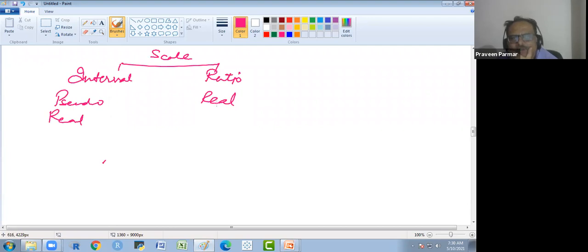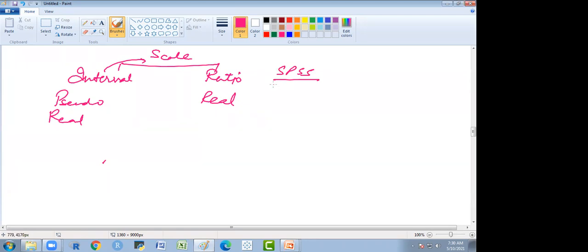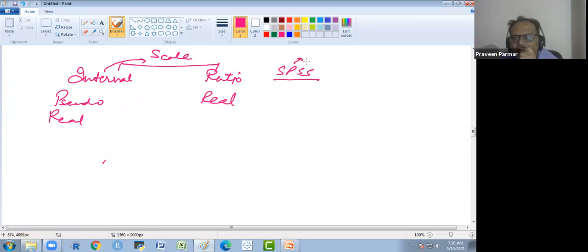Yeah. So generally we say the interval scale. Has somebody used SPSS? Has somebody used this tool? No, I have not. Okay. So it is an IBM tool for statistical analysis. When we upload the data in SPSS, it asks about each variable.